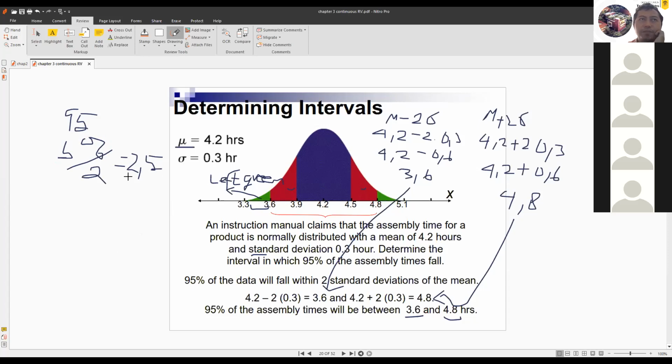We can say from this result that there is a 2.5% probability that the assembly time is a maximum of 3.6 hours.